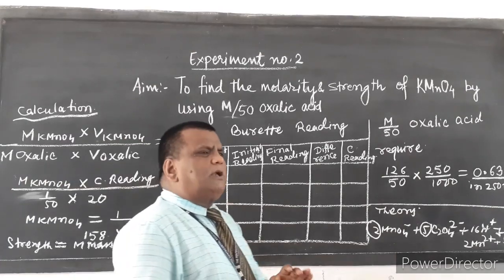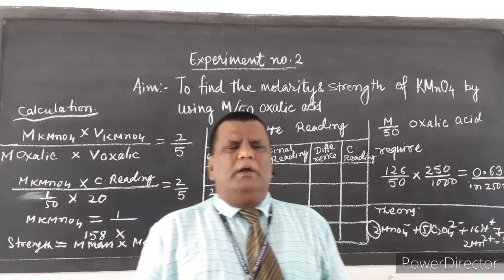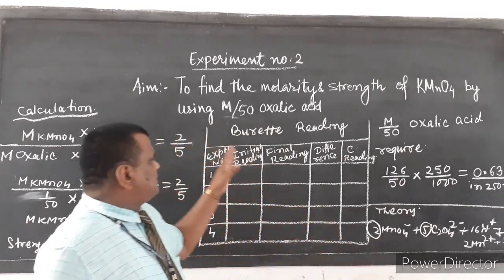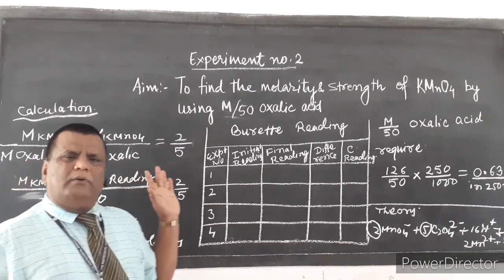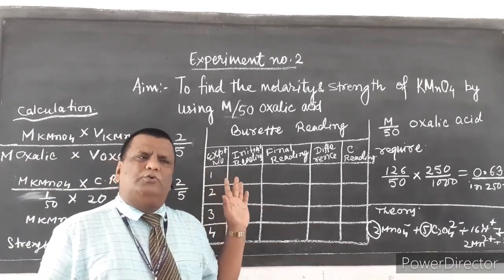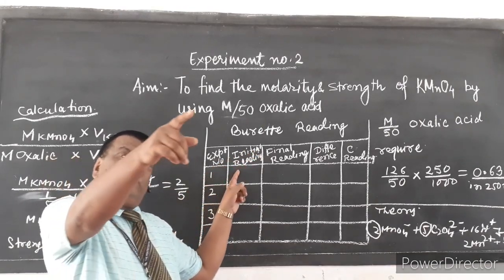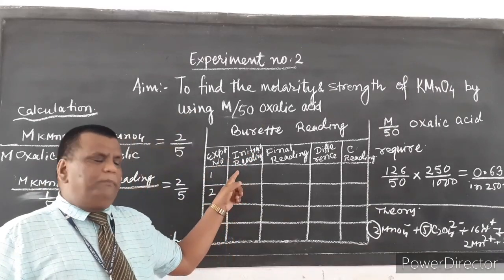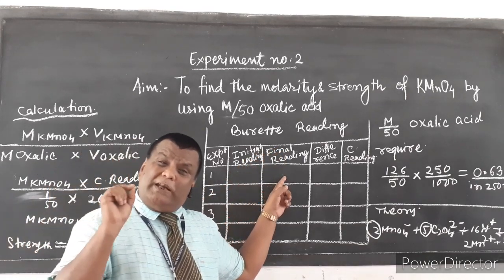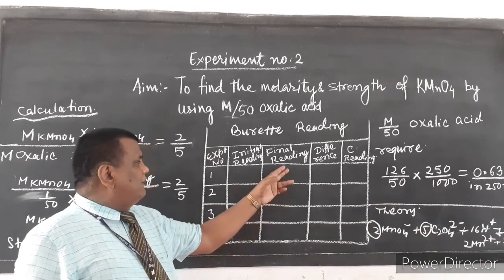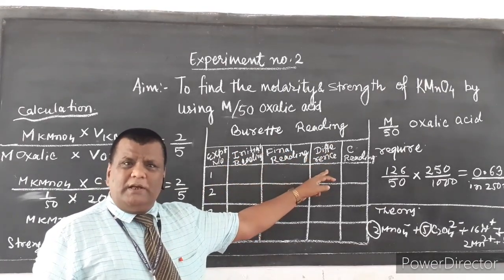First of all, you must know how to write the burette reading. The burette reading is written in this format. Experiment number 1, 2, 3, 4, 5, however many experiments you want to do. That is the initial reading from where we start the experiment. This is the final reading where the color will come. And the final reading minus the initial reading is the difference.